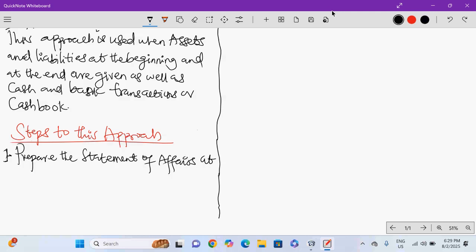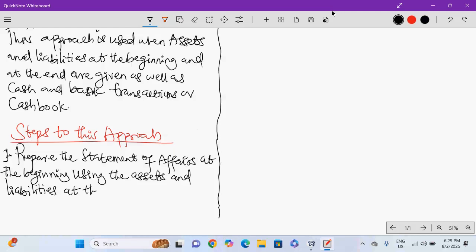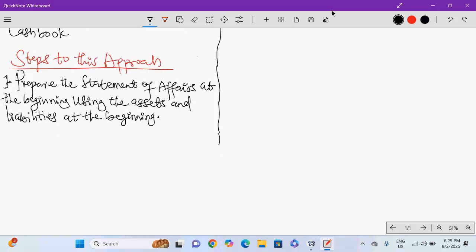I believe you know the statement of affairs; it looks at the financial position items. So the statement of affairs at the beginning, using the assets and liabilities at the beginning. That is the first step.